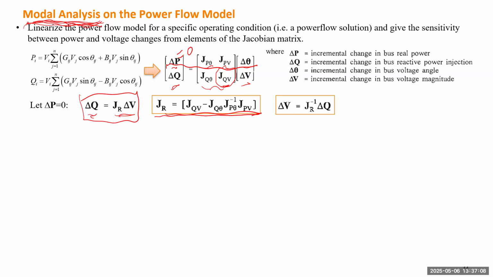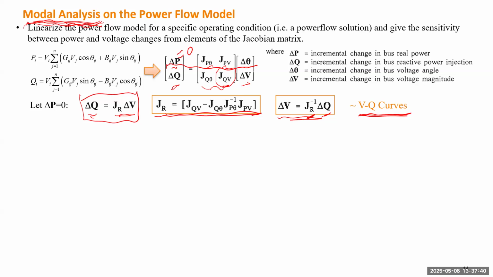Then you know the voltage change will depend on this inverse of the Jacobian multiplied by the change in the reactive power injection. All right, so this JR tells how the voltage can change with Q, or how the injection needs to be determined based on the desired improvement of the voltage, which means this is actually a generalized version of a VQ curve.